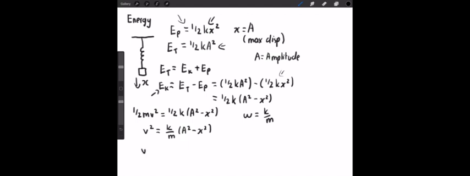So we end up with v squared is omega multiplied by a squared minus x squared. And sorry, that should be omega squared, my mistake. Omega squared equals k over m, so I'll just put the squared in there. Take the square root of both sides, and we end up with an expression for velocity. Velocity is now omega square root a squared minus x squared.